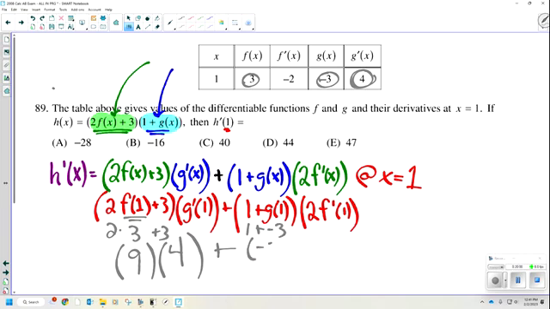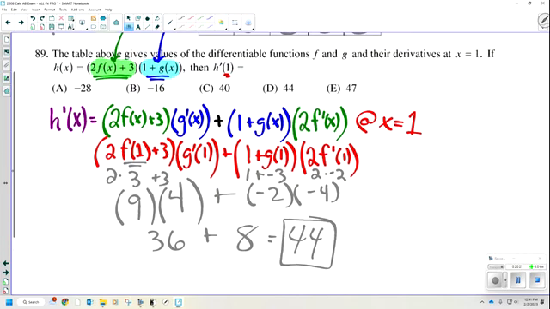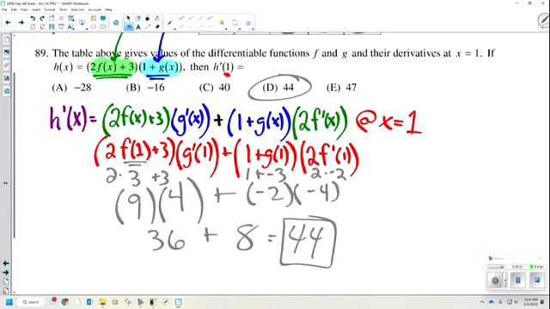That gives us negative 2 times 2 times f prime of 1, which is negative 2. 2 times negative 2, that's negative 4. All right. Do some simple math. You really don't need a calculator here. We got 36 plus 8, 44. We are done. That's where 44 is, right there. Bam, circle it. You got a 5 on this test so far.